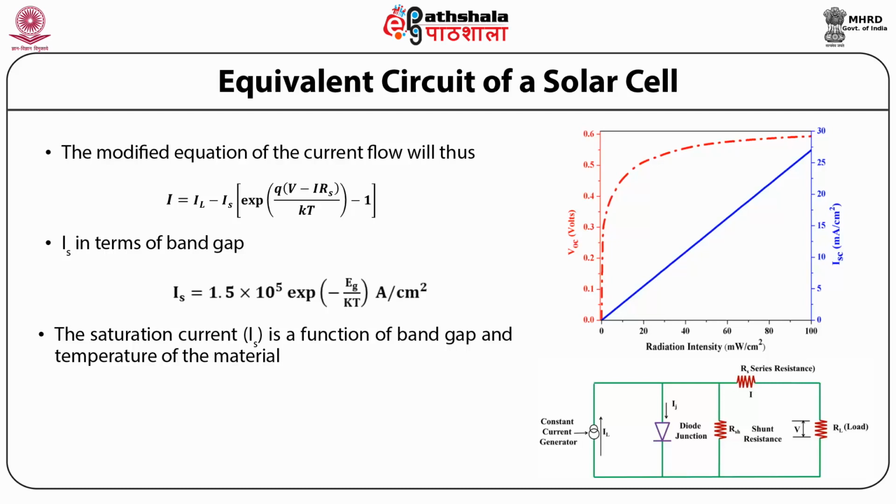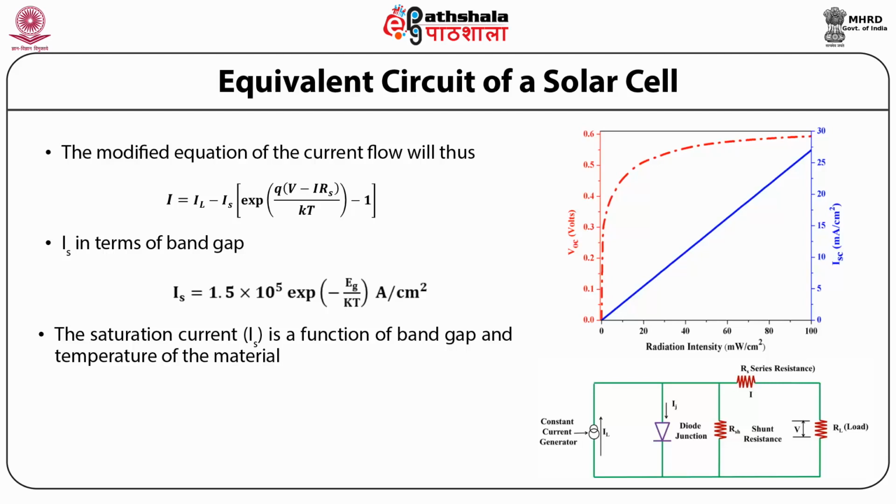Usually ISC depends on the spectrum of light and the spectral response of the photovoltaic cell, whereas the spectral response depends on various parameters such as optical absorption coefficient alpha, junction depth xj, width of transition region W, surface recombination velocity S, the lifetimes and the mobilities of charge carriers, and the electric field.